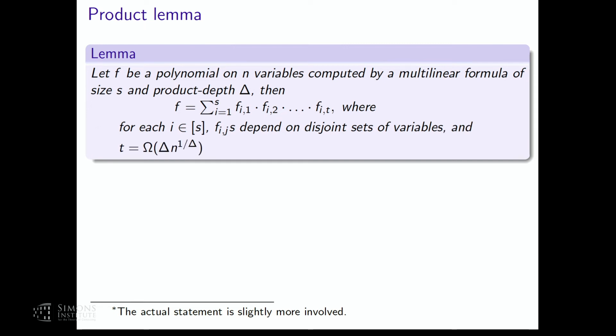And moreover, each term inside this summation should have lots of factors. Lots of factors. And if you see, the number of factors we are talking about has that same expression that we expect in the exponent.